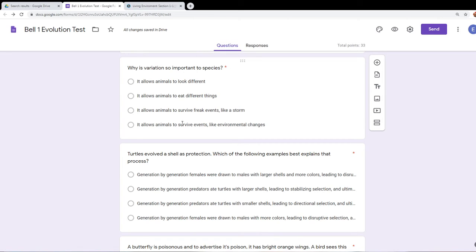Or that it allows animals to survive events like environmental changes, meaning like it starts to get colder, or it starts to get warmer, or some new animal shows up. That's what we mean by environmental changes. So why is variation important? So they look different, so they eat different, so they can survive a tornado, or so they can survive changes.